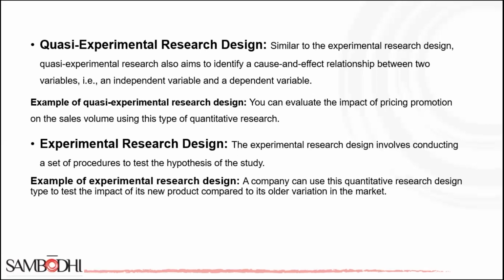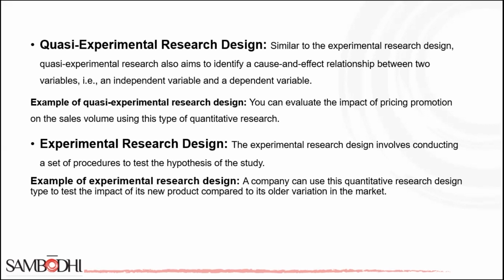Experimental research design. Experimental research is also known as true experimentation, which means that this particular experimentation aims to measure the effect of one or more variables, and is used as a scientific method. This is done by manipulating the independent variables to study their effects on the dependent variables.